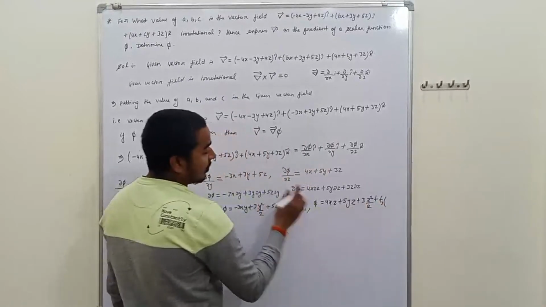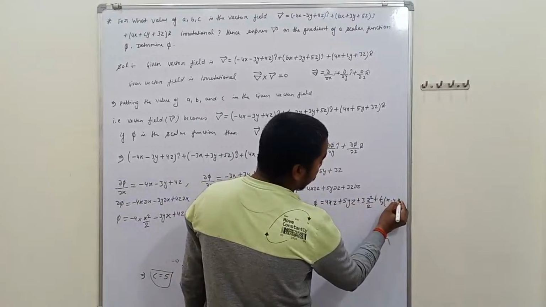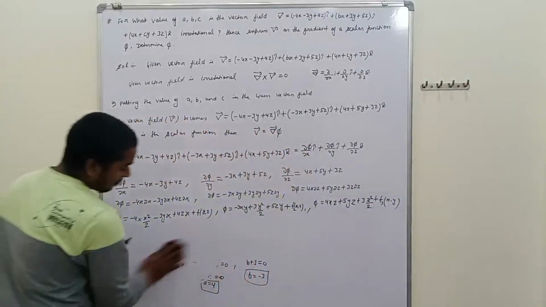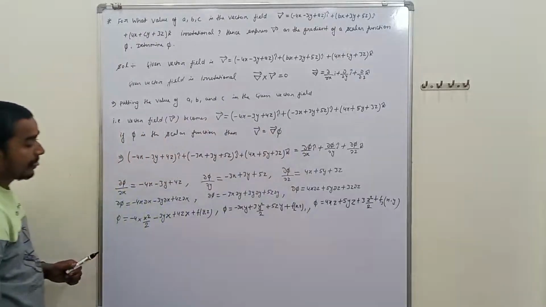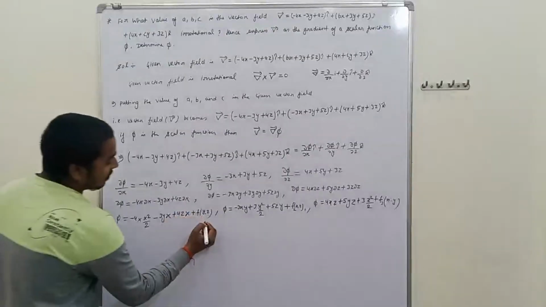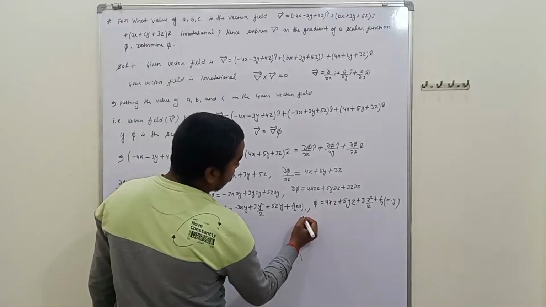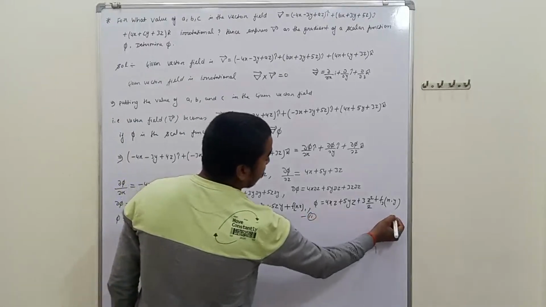Here we take the constant as f of xy. We can call these equation 1, equation 2 and equation 3.